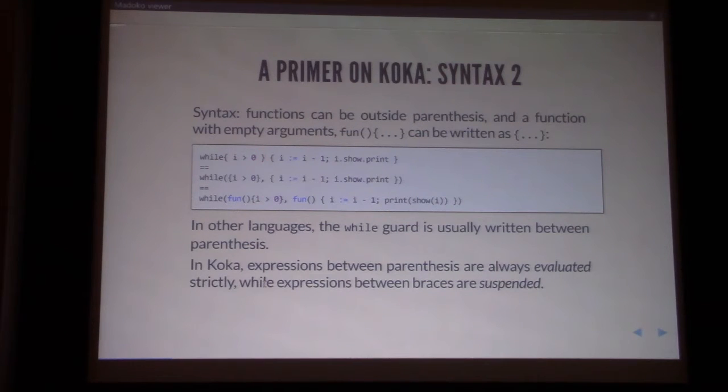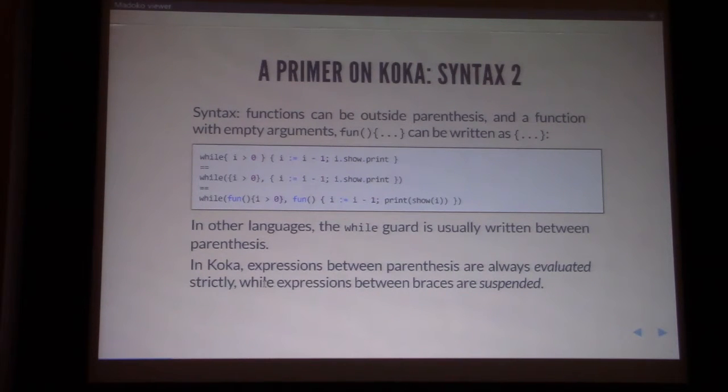But that's really pretending, because in Koka it's clear that if you call a function with parentheses, the arguments are evaluated at that time. But if you pass it in between the braces, you can see, oh, maybe this is a function, a suspension I'm passing in. This may be called never or many times. Like in a while loop, you'd rather evaluate this every time you do one step of the loop.